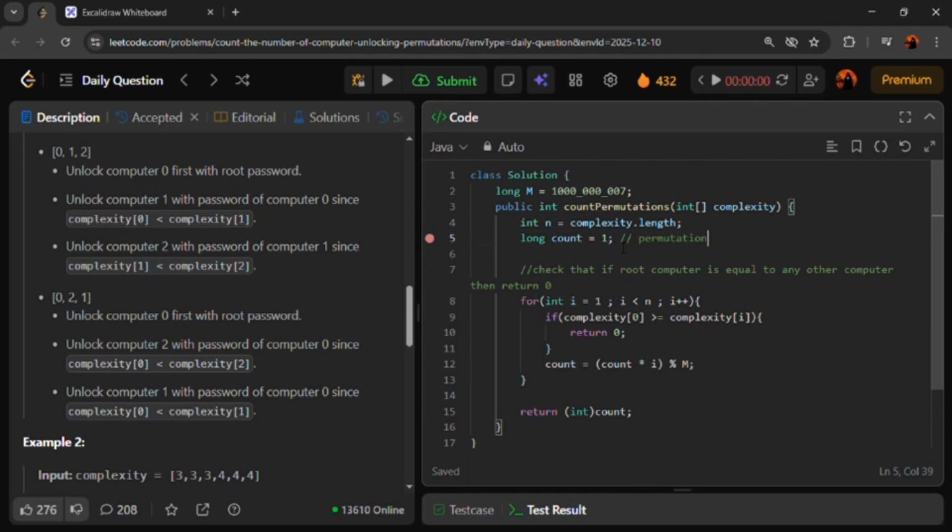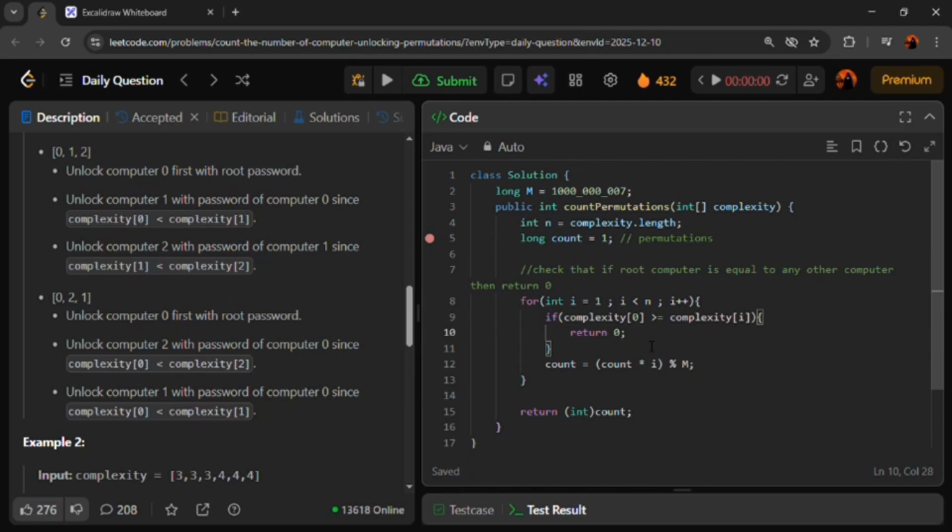Okay, permutations, and here the most important condition is, if the complexity at the 0th index is greater than the complexity at the ith index, means if the ith computer has lesser complexity than the 0th computer, then return 0, because we can't decrypt all the computers.